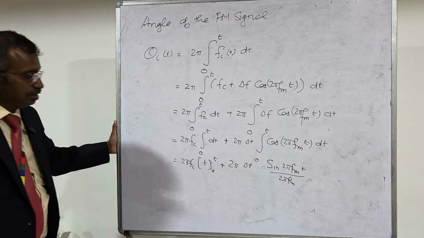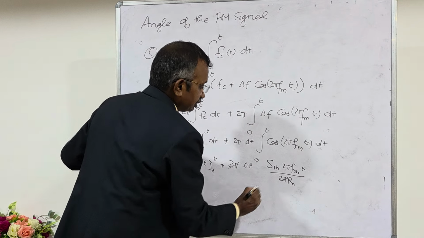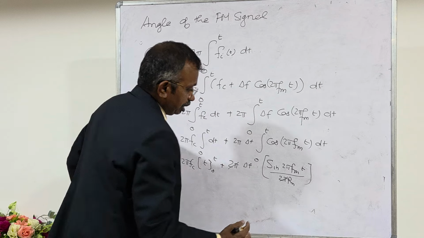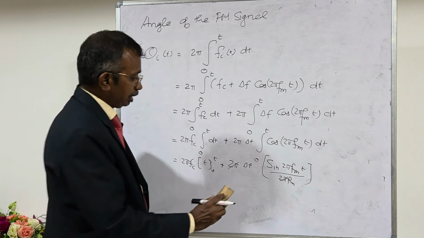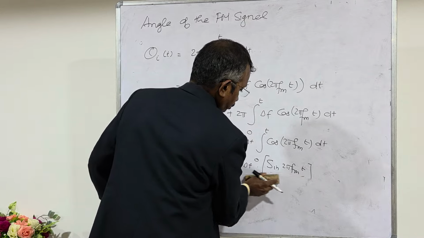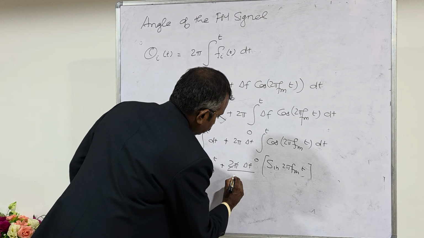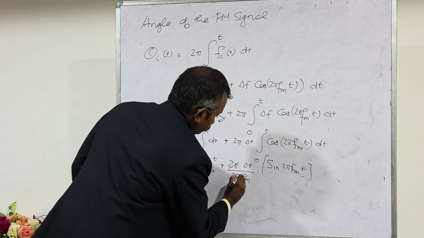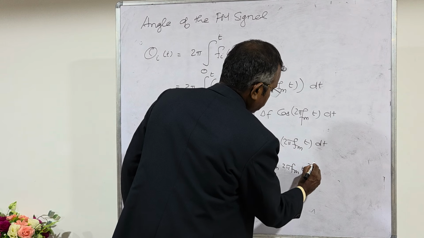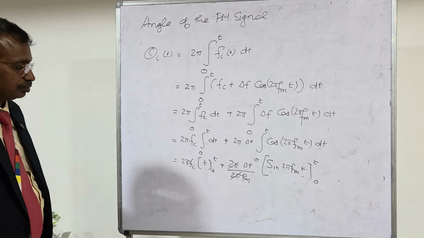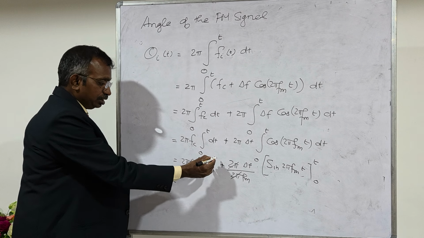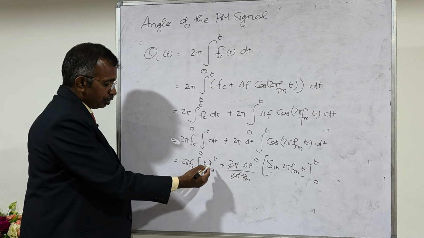Then this 2 pi and 2 pi will get cancelled, so I can take 2 pi fm outside, the 2 pi will get cancelled, so that sin 2 pi fm into t from 0 to t. Then I can write this as 2 pi fc, the upper limit is t, lower limit is 0, therefore t minus 0.